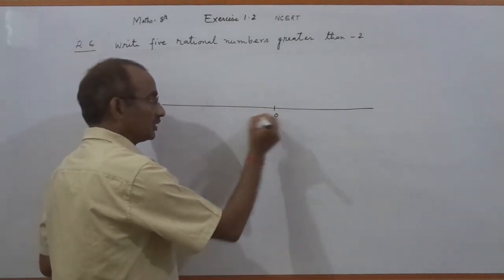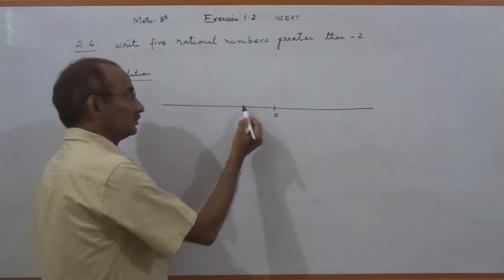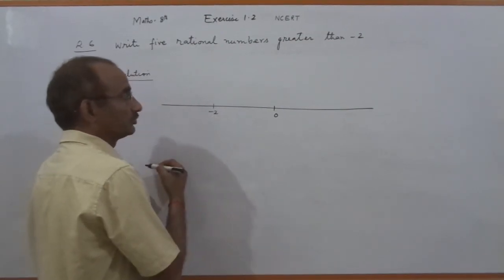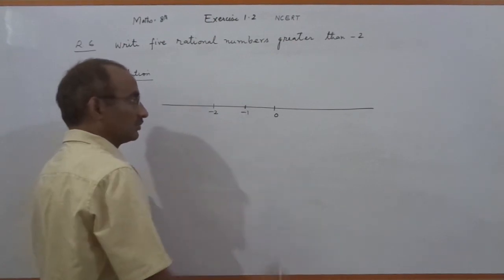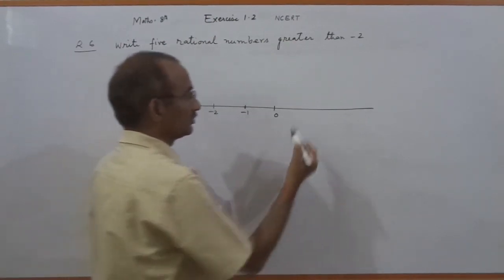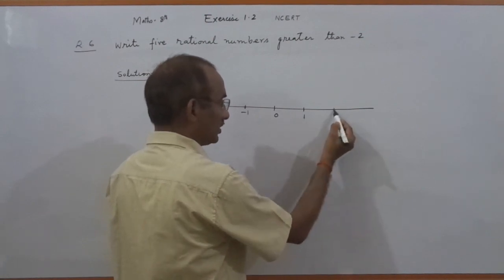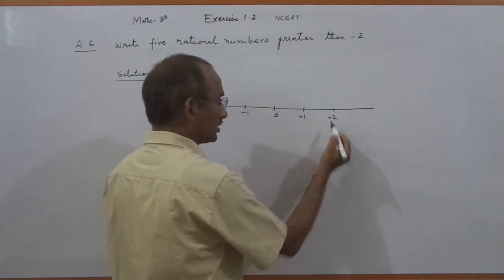Put 0 here and -2. Here we have -1. Here we have 1 and here we have 2. And this is +1 and this is +2.